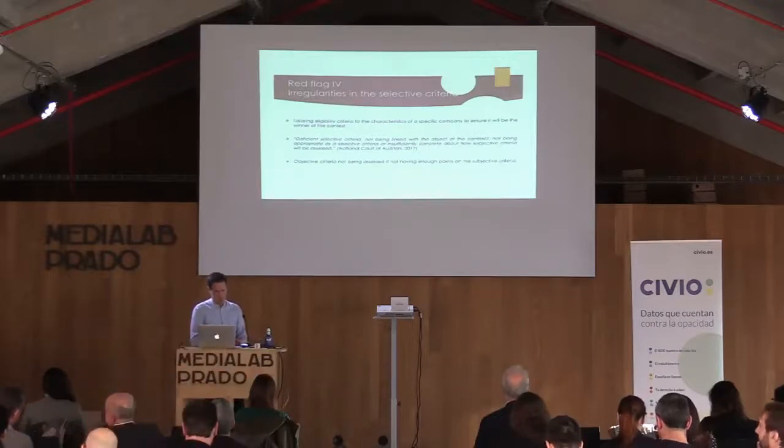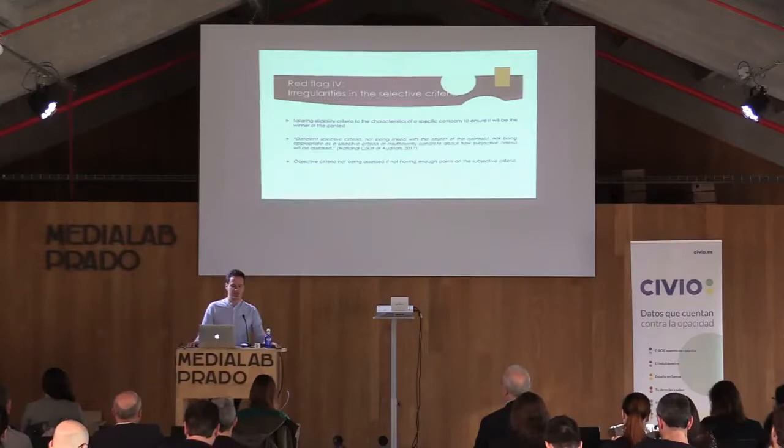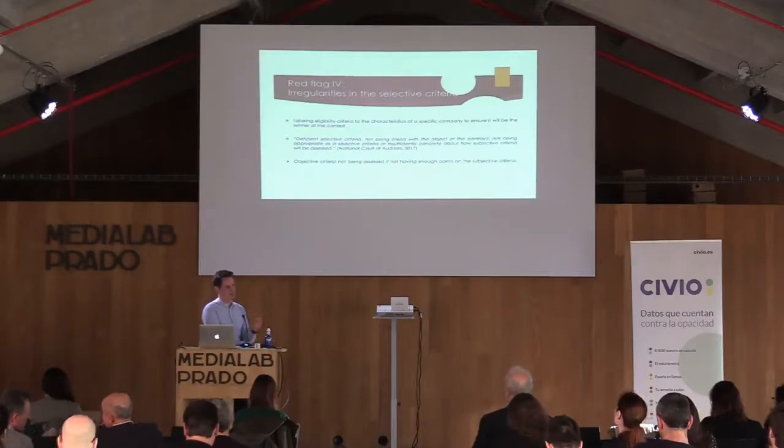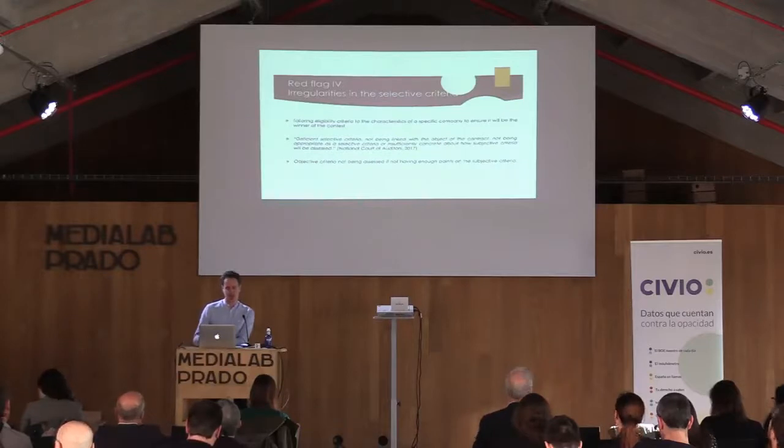Some of the individual contracts that the National Court of Auditors were looking at, they found that governments do actually use objective criteria, but they only assessed if companies got enough points on the subjective criteria first. So they create a fake illusion that objective criteria is going to be used, but then it's not, because the companies are not going to get through the subjective criteria.